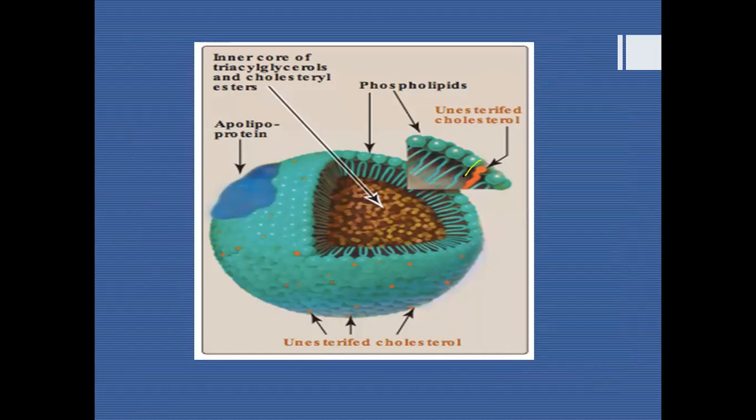Another thing I told you to remember is that unesterified cholesterol or free cholesterol is present in the bilayer, which is made up of phospholipids. Cholesterol esters and triacylglycerol form the core of the lipoprotein. Also, we will have a protein at the periphery as well as in the integral part. So you have to remember the basic structure of lipoprotein.